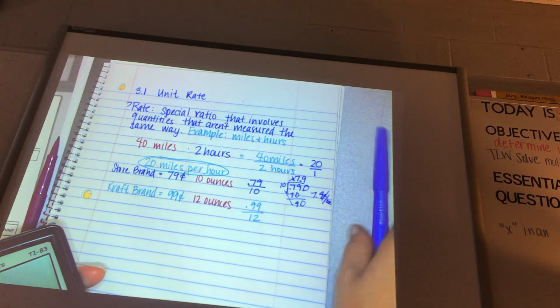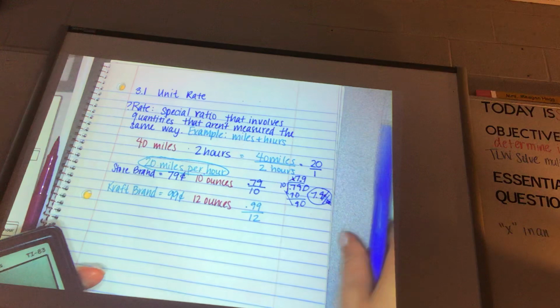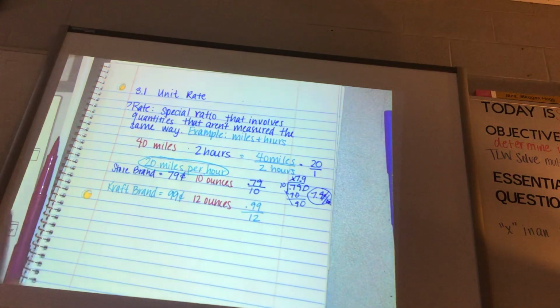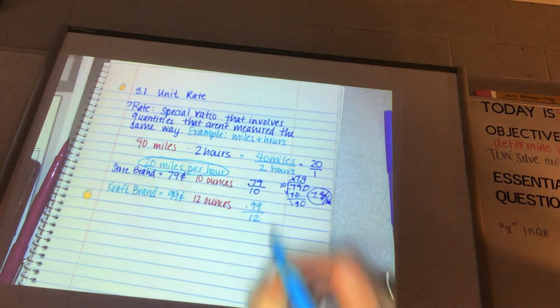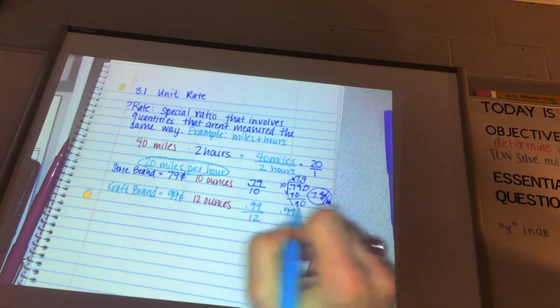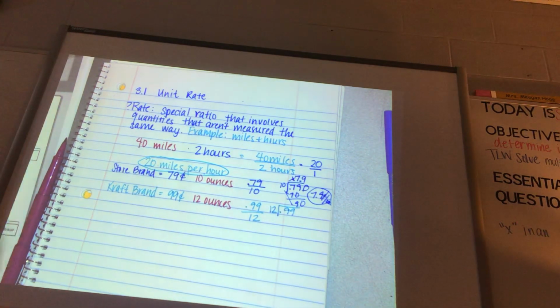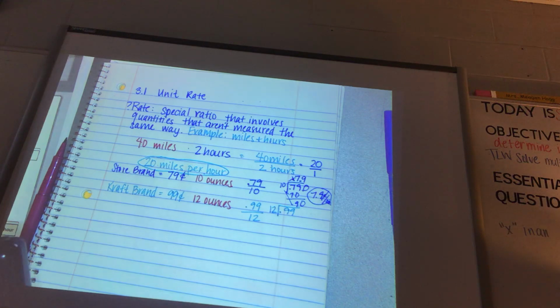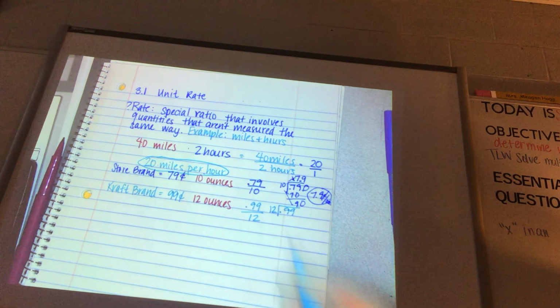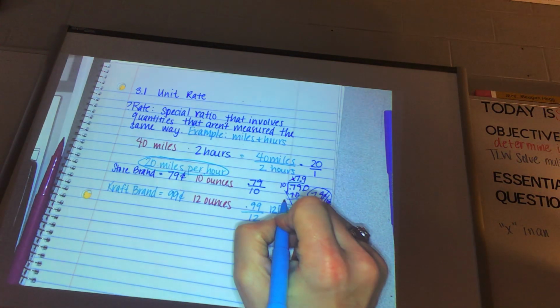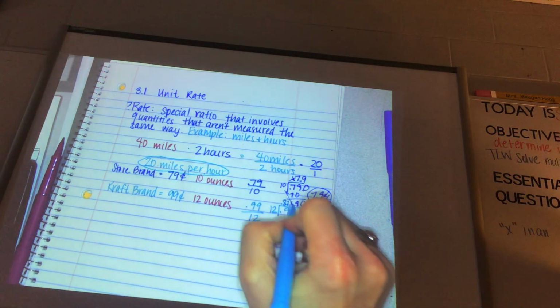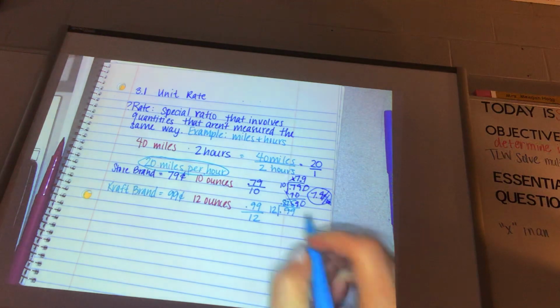And if we were to set up the Kraft brand, we could divide that out. You could show me that division. All right. I'm going to give it to you on the calculator. It's actually going to be 0.825, which means it's 8.25 cents per ounce.